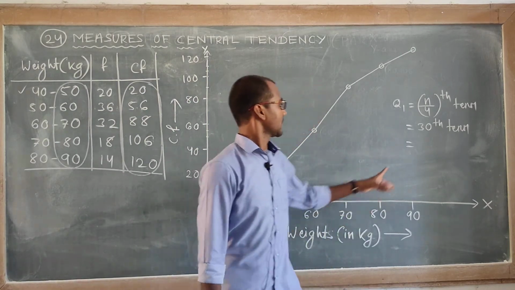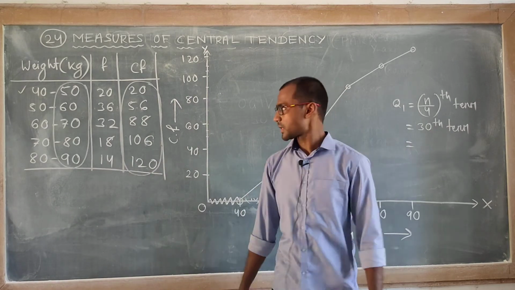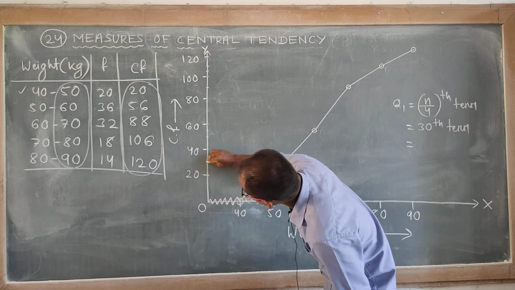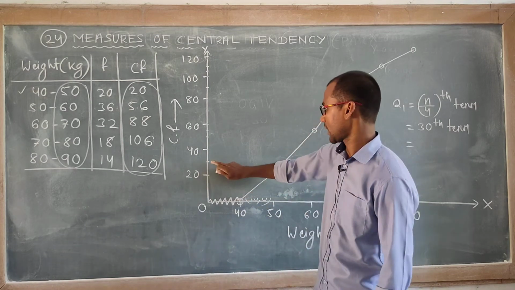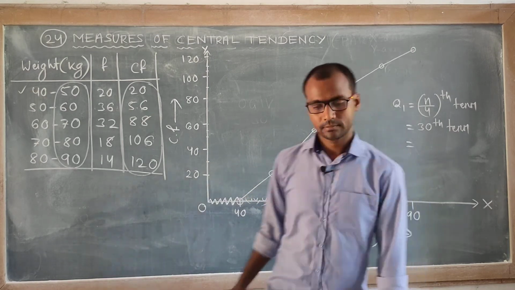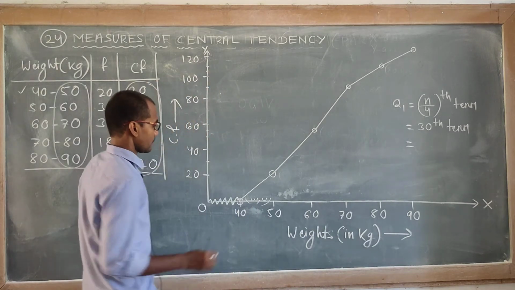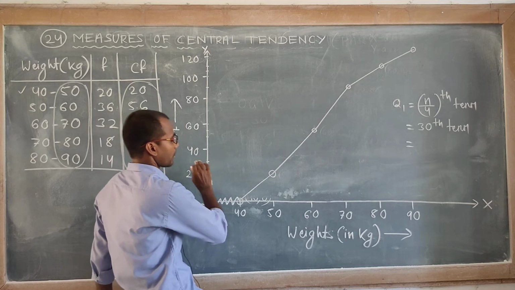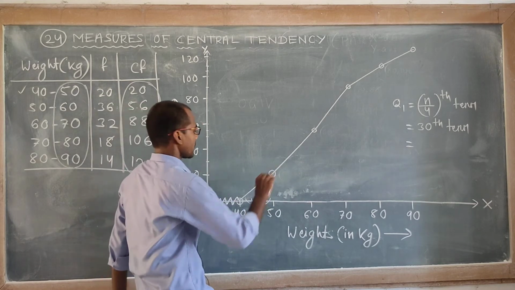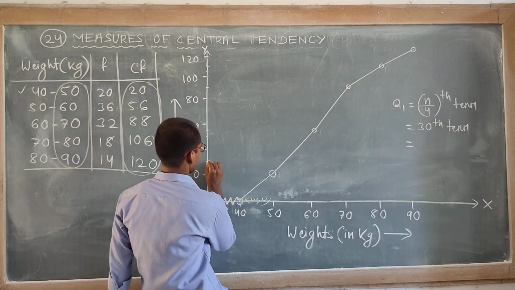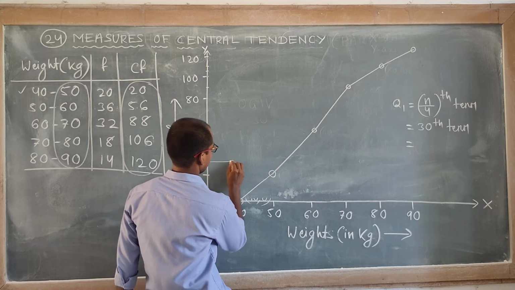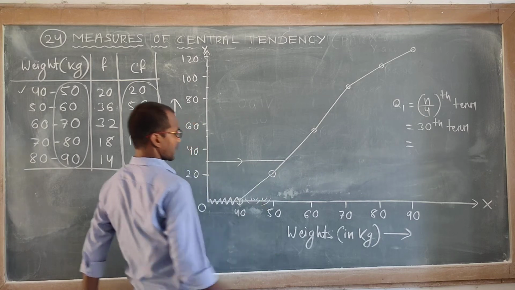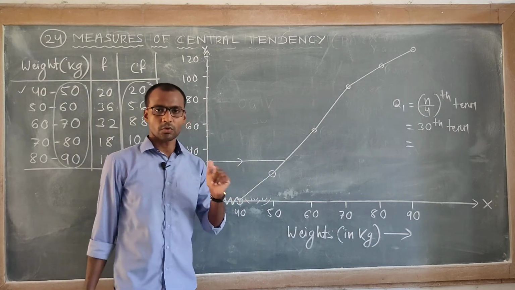30th term. This is for cumulative frequency. So start from the y-axis. Where is 30? This is 30. From this point draw a horizontal line, or draw a line parallel to x-axis. This should actually be a dotted line.